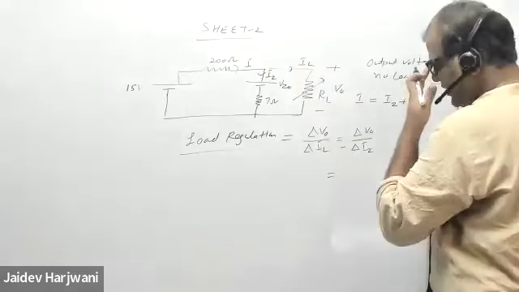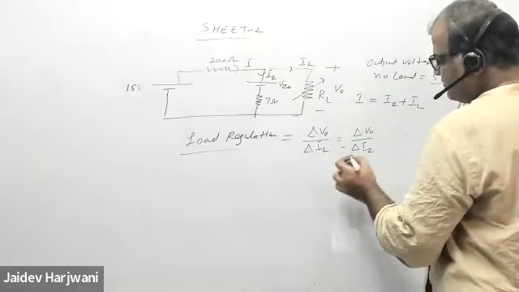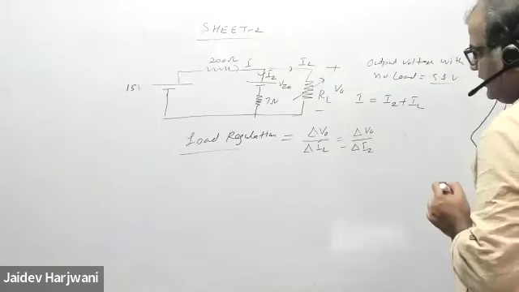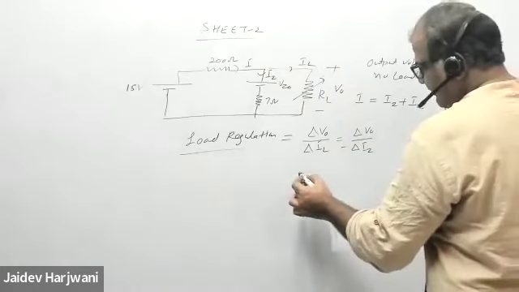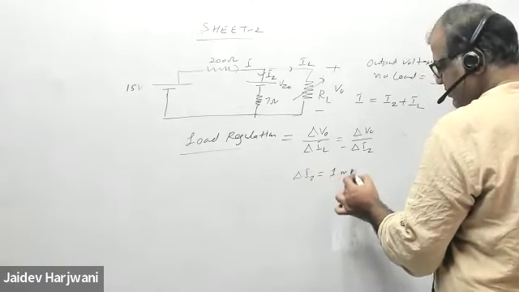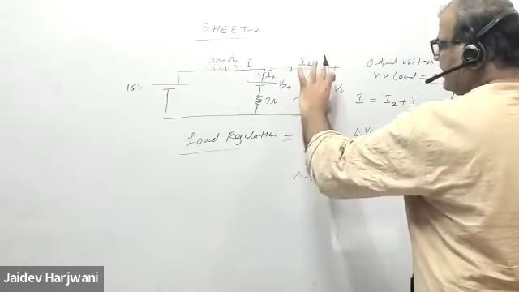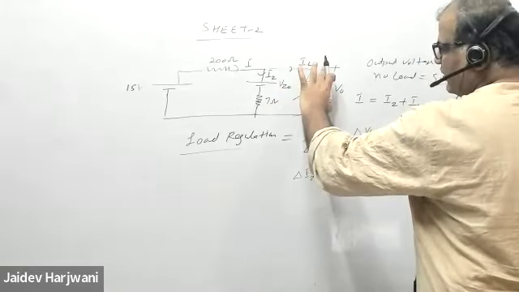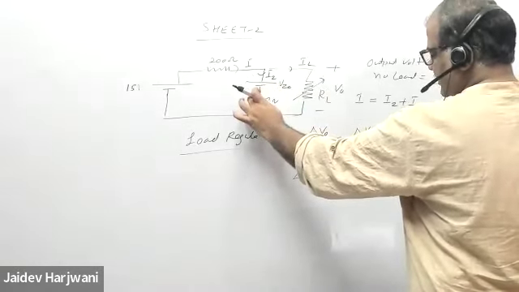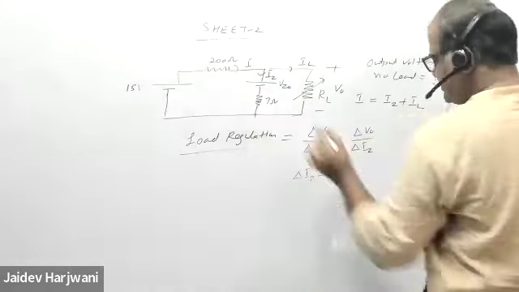Now I want to find delta V naught. Suppose there is a change in current of 1 milliamp. So delta IZ is say 1 milliamp. Then how much is the change in delta V naught? If there is a 1 milliampere change in current, how much will the change be?